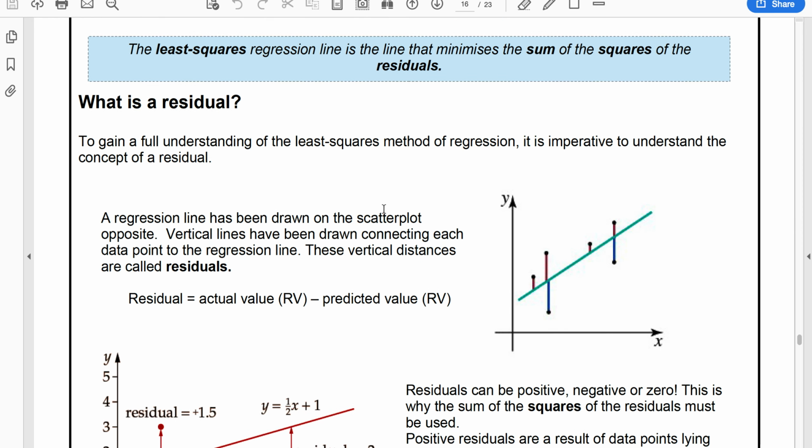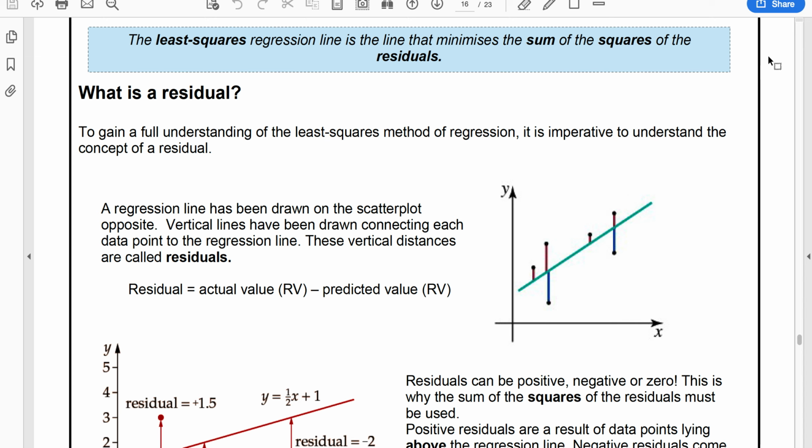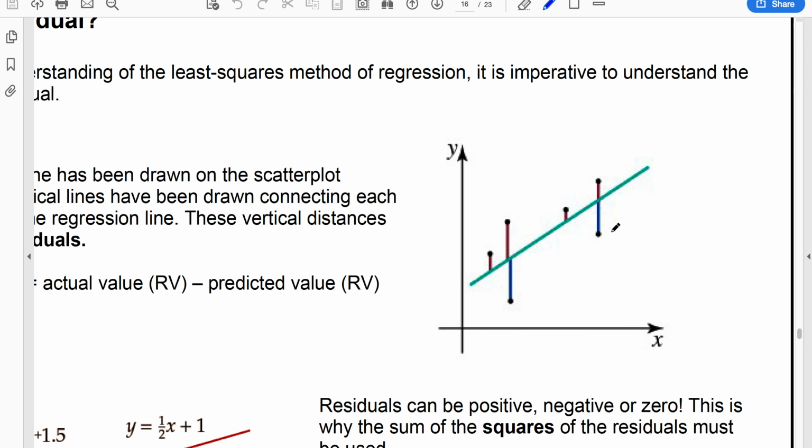So first of all, a residual, if you draw a line on a scatter plot, so you've got one here in green, and you'll also notice that there's dots. So this is where the original dots of the scatter plot were placed. What you can see is there are vertical distances. So this here is a vertical distance between the line, which is in green, and the actual data, which is the dot itself.